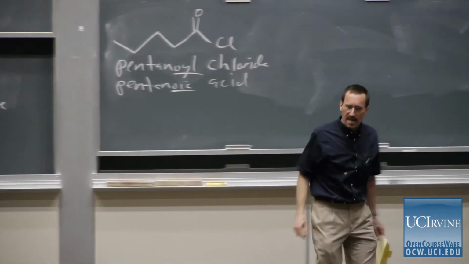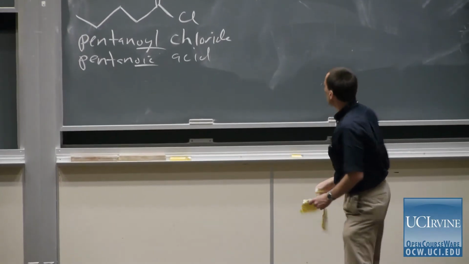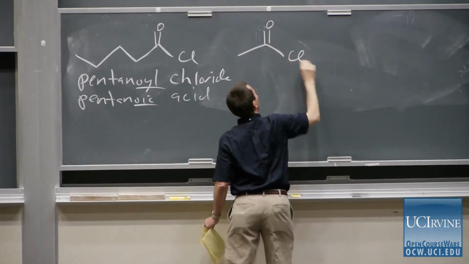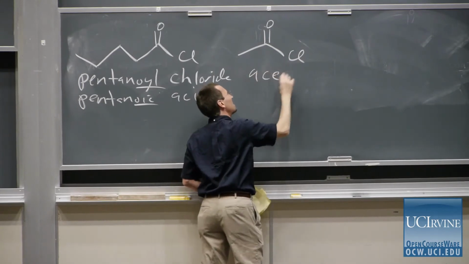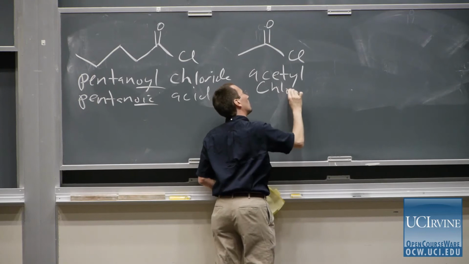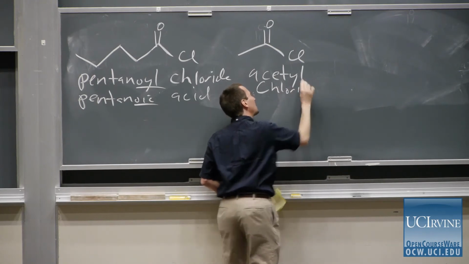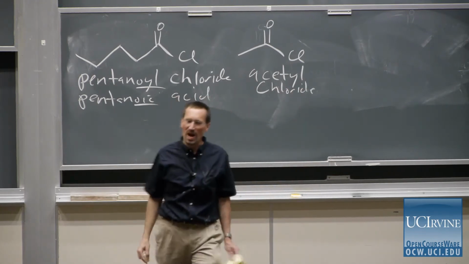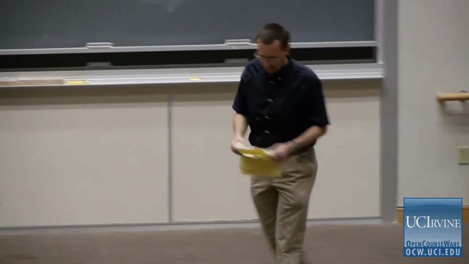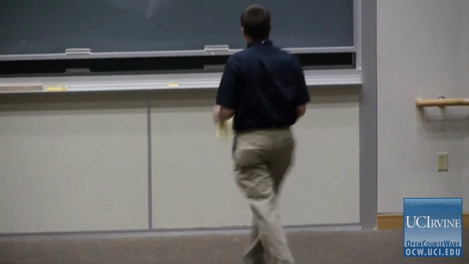With the common names, you do it slightly differently. So this compound here is acetyl chloride rather than acetoyl chloride, and it's just how people name it, how it flows off the tongue.